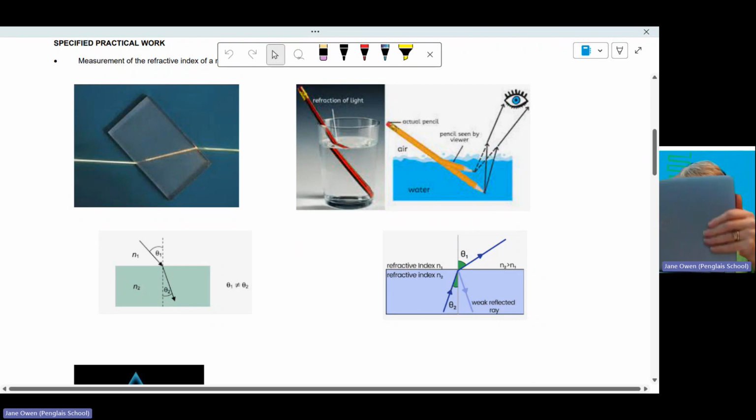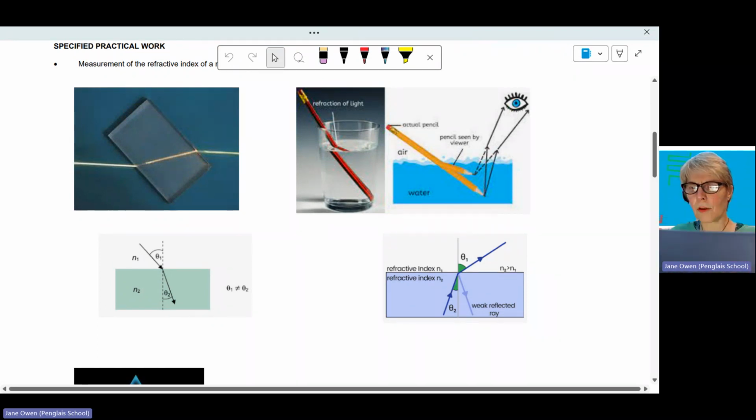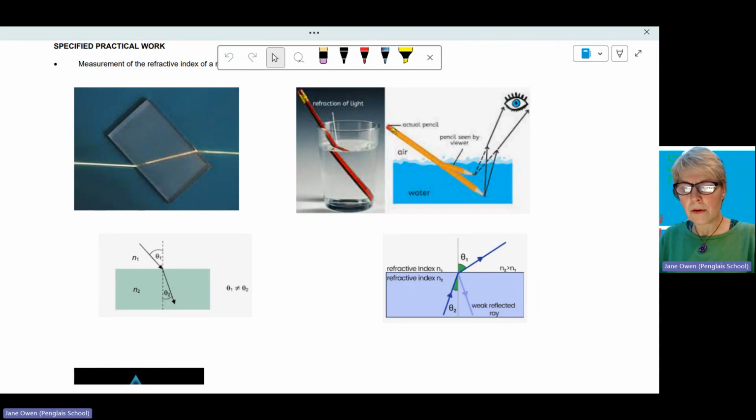So let's have a look at a few bits of terminology first. We know that light bends when it goes into a different medium, and we define the refractive index of that medium as n.